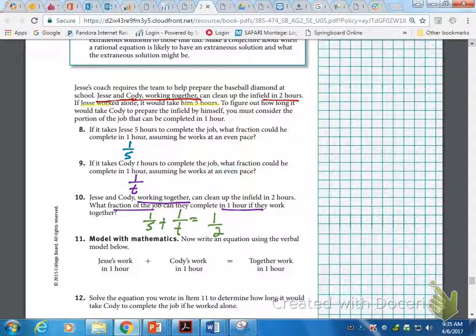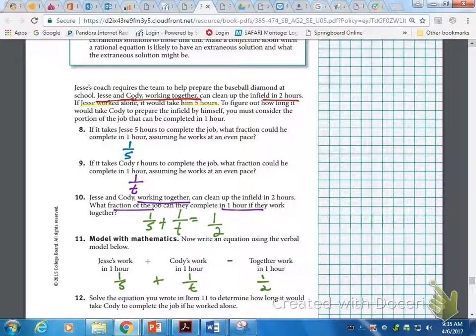Okay. Now I want you to come down to 11. Jesse's work in 1 hour, the 1/5, plus Cody's work in 1 hour, the 1 over T, equals the total work in 1 hour, which is 1/2.